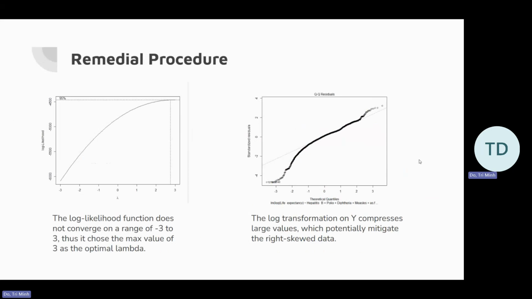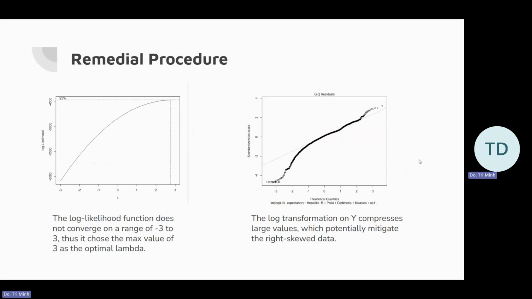To mitigate this, we first try a Box-Cox procedure. However, Box-Cox shows the highest lambda. We allowed it to be an optimal lambda, which means that the log likelihood function does not converge to a right value.